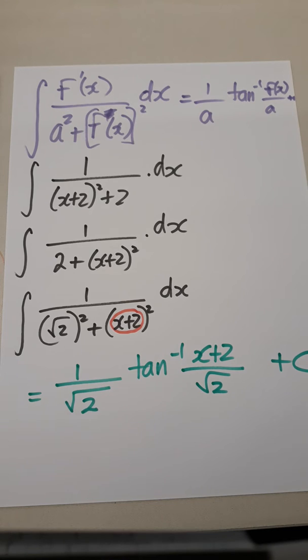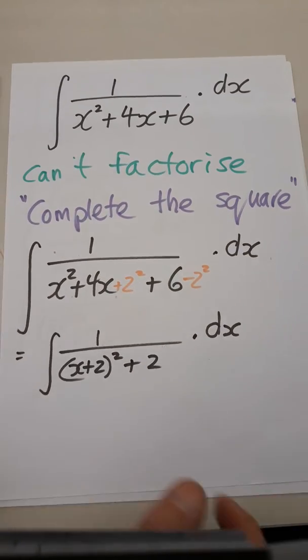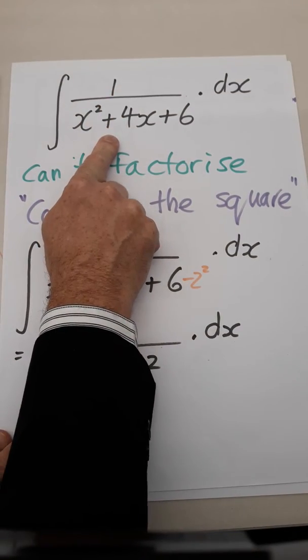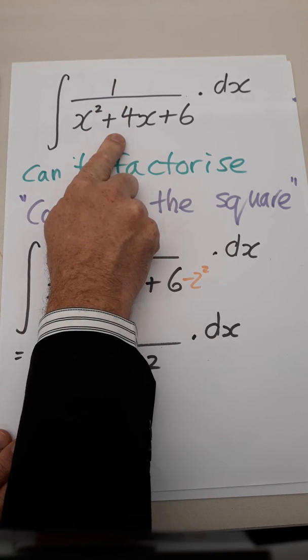These ones are ones you need to look out for, which are to do with inverse tan. And just let me recap where that came from. It was a quadratic denominator that couldn't be factorised.